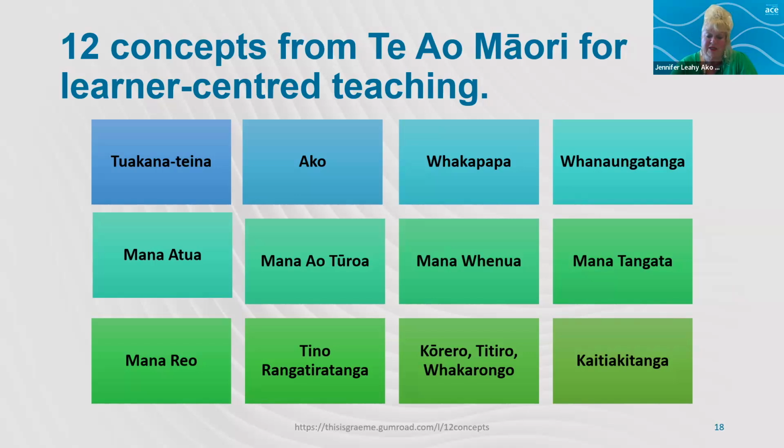And the next one, kōrero titiro whakarongo, so a chance to talk, to look, to listen, and to make sure that those components are evident within your Te Ao Māori learner-centered teaching. And the last one is the idea of guardianship under kaitiakitanga.